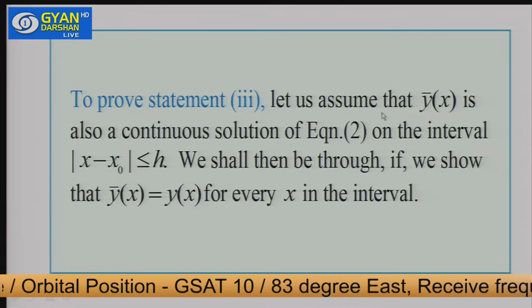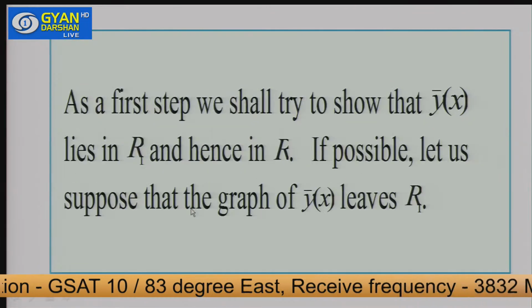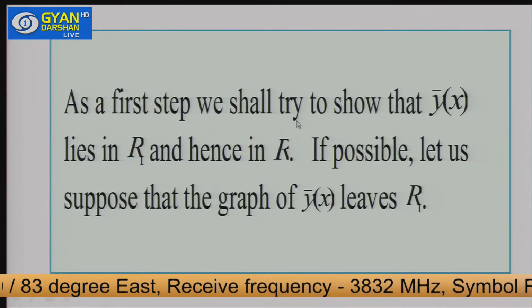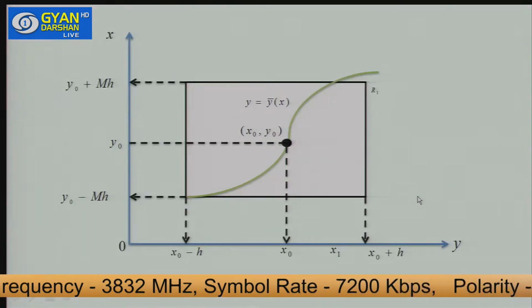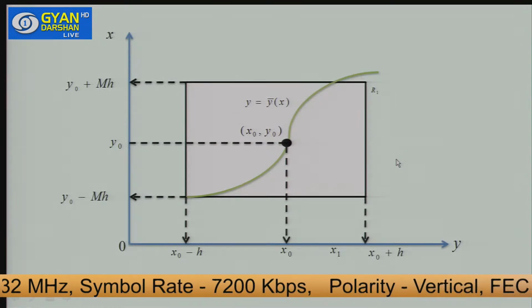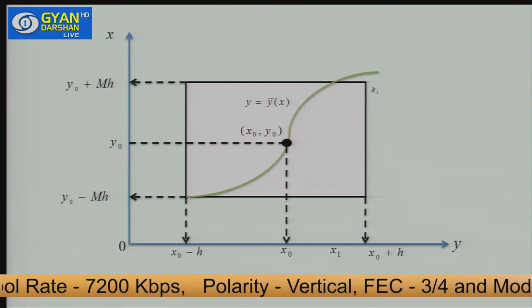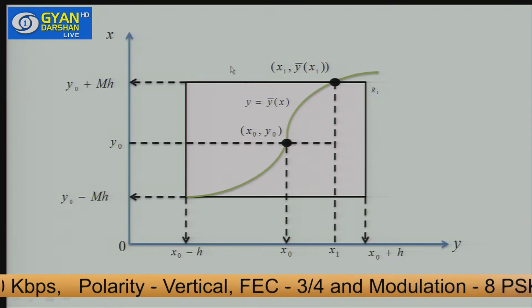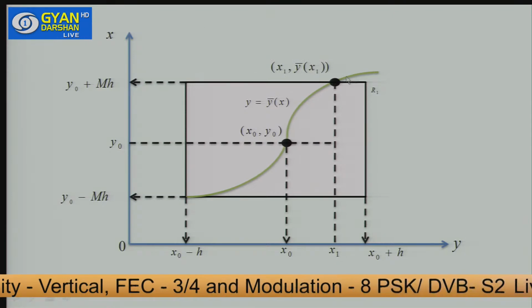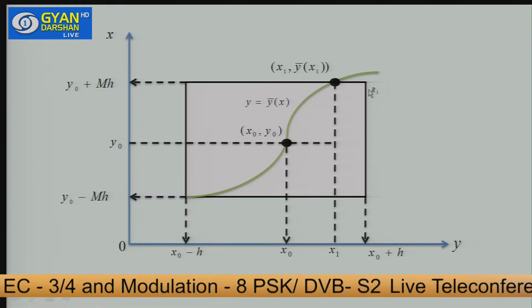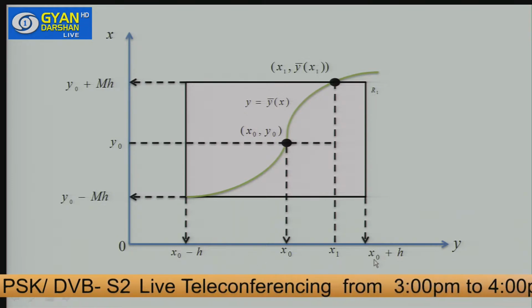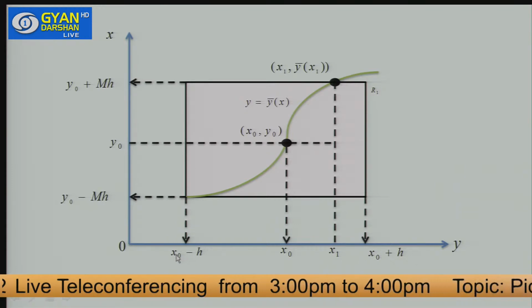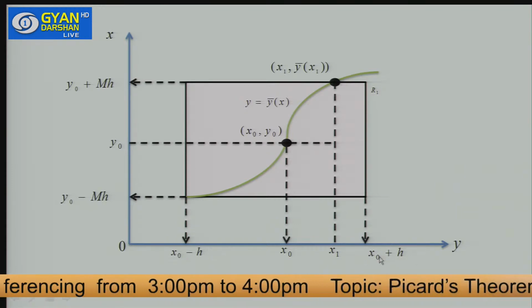And for statement 3, they have assumed that y bar is another solution. Then they will show that y bar has to lie within R1, otherwise it will be a contradiction. So what we are assuming is that y does not leave R1 for the whole interval x0 minus h to x0 plus h.